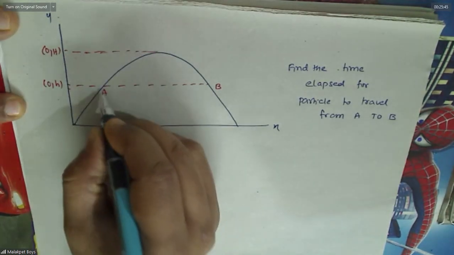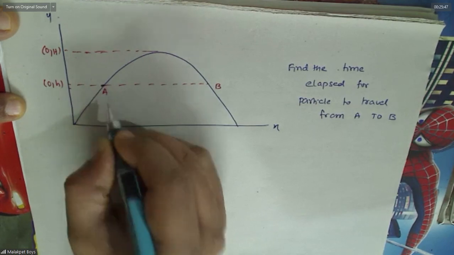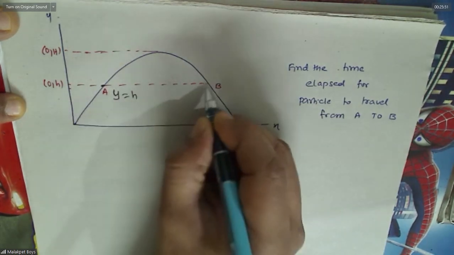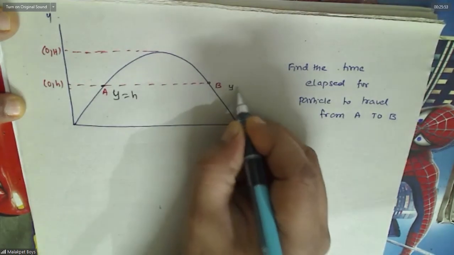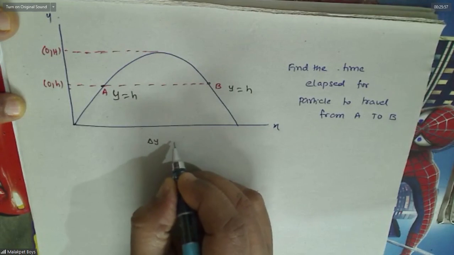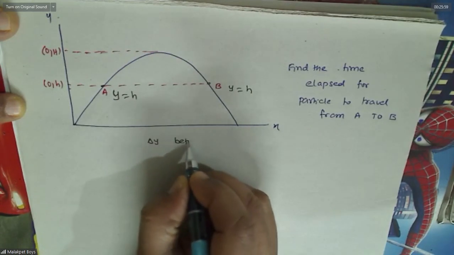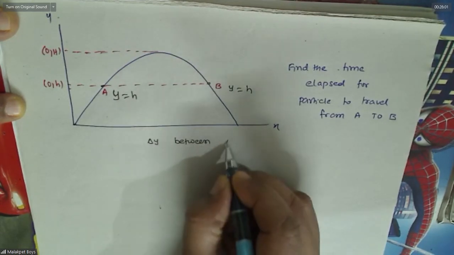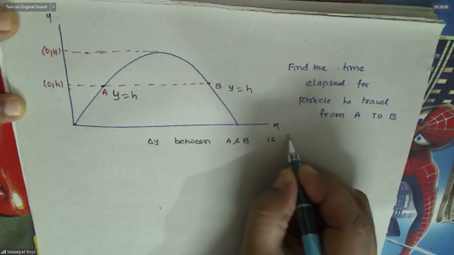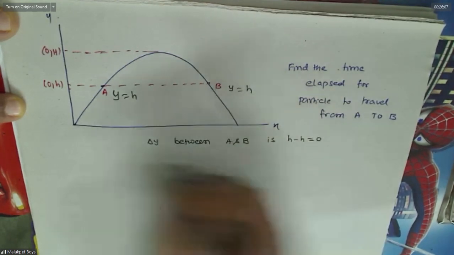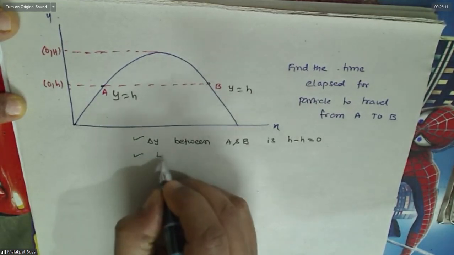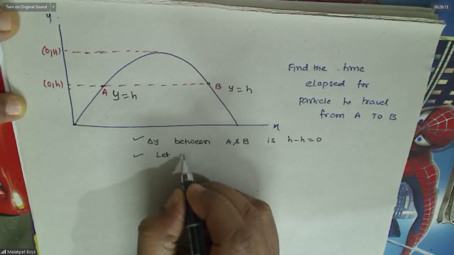For A, X. Y is what? H. For this point, so delta Y, how much? 0, no? Agreed? Yes, sir.